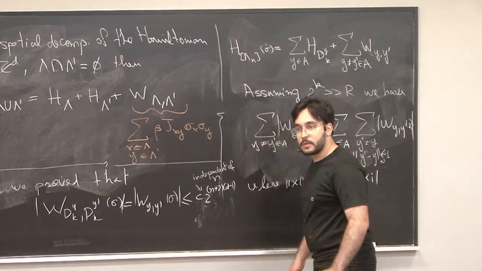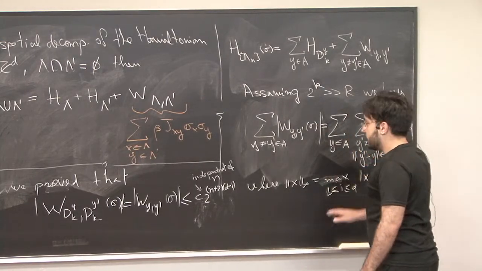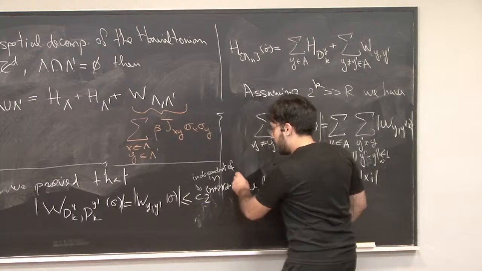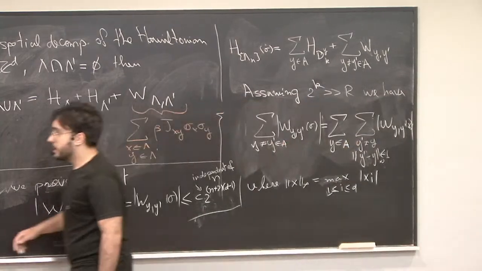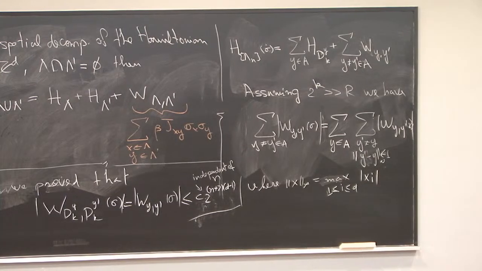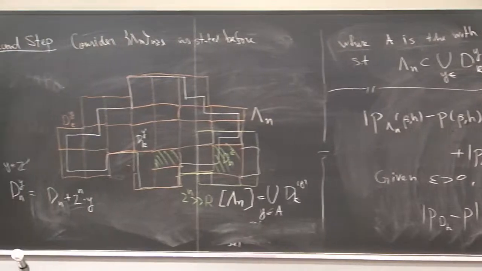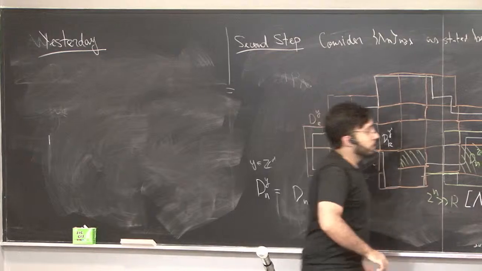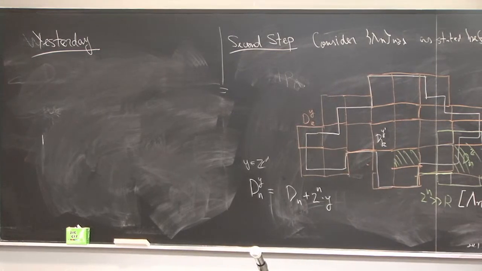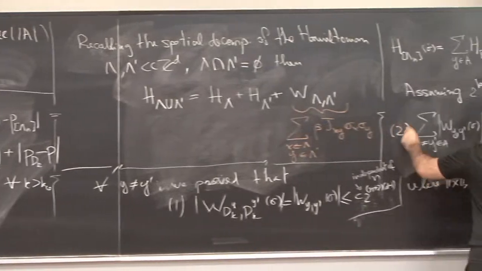Yeah, thank you. So now we use this inequality over here, and we get, so let me enumerate the inequalities. This will be 1, and this over here will be 2.